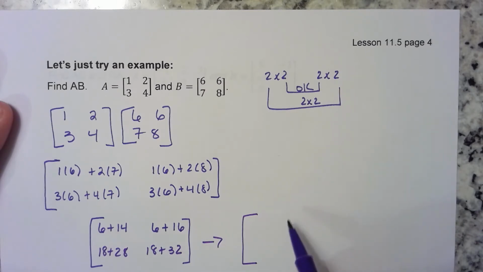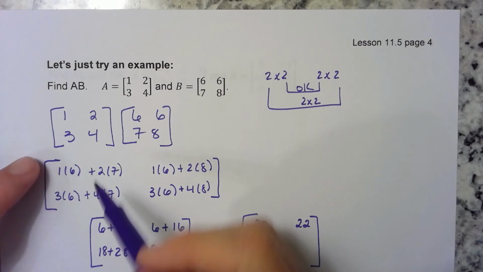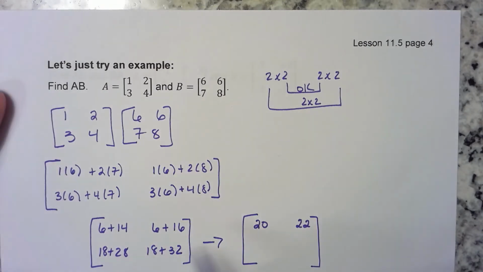Simplifying that: 6 plus 14, 6 plus 16, 18 plus 28. Let me just make sure I did that right. Yes. 18 plus 28 is 46. And then 18 plus 32 is 50.